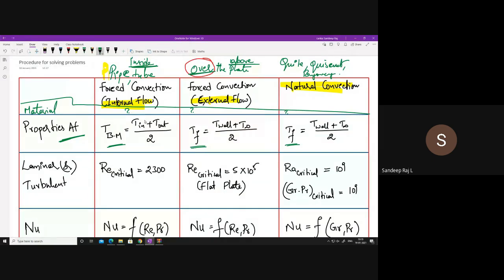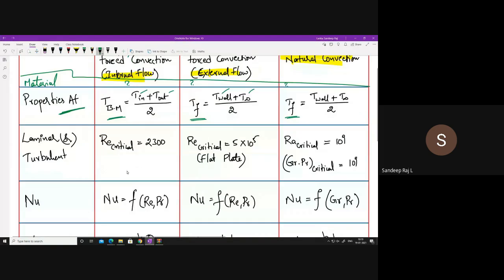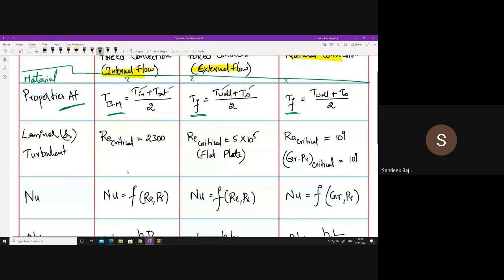In bulk temperature, you have fluid temperatures; this is a fluid temperature, and this is also a fluid temperature. Whereas here, this is a wall temperature, a solid temperature, and this is a fluid temperature. So in bulk mean temperature, you take the average of fluid temperatures, whereas in film temperature, you take the average of the fluid temperature and the wall temperature. That's the thing with the bulk mean and film temperatures.